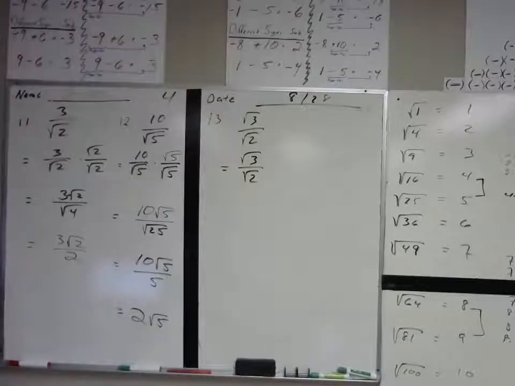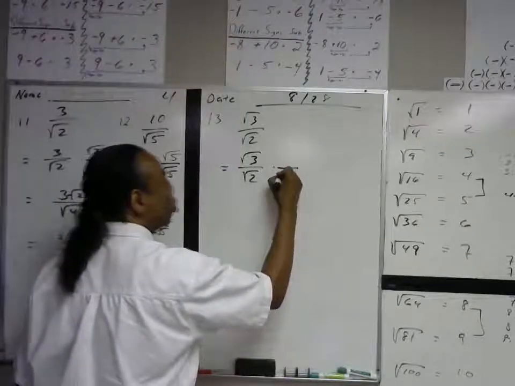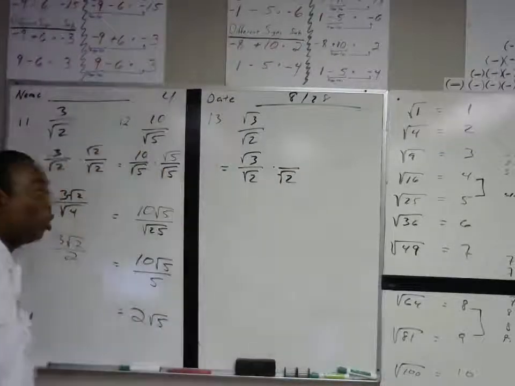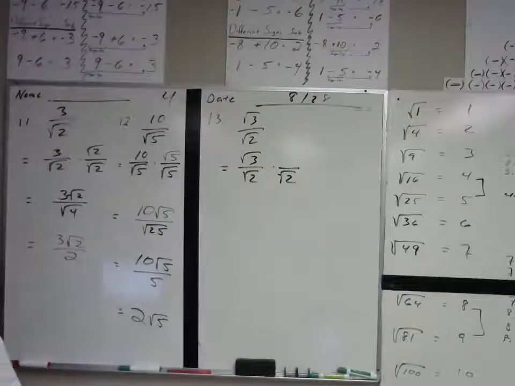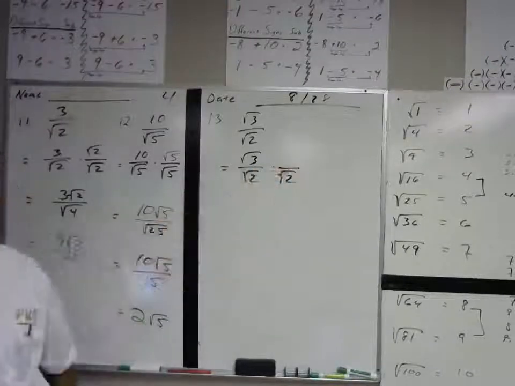That's called preserving the integrity of the original problem. Then I'm going to multiply the bottom by another square root of 2. Square root of 2 times another square root of 2. And whatever you do to the bottom, you have to do to the top. So I'm going to use another square root of 2.